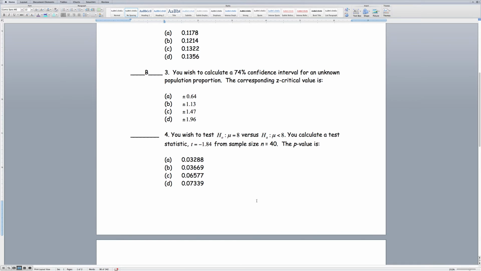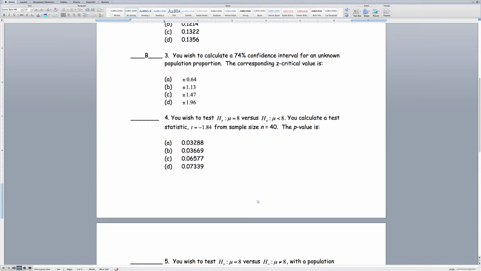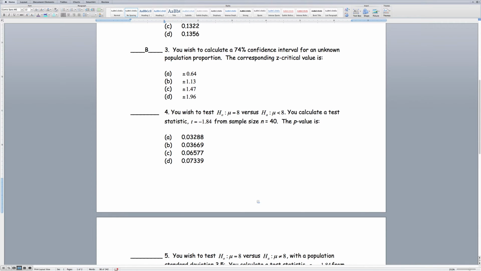All right, number 4 is a little tougher because you've really got to be aware of what's going on here. First thing's pretty obvious. We have a situation where we're testing a set of hypotheses, and we've got the test statistic to be t equal negative 1.84.